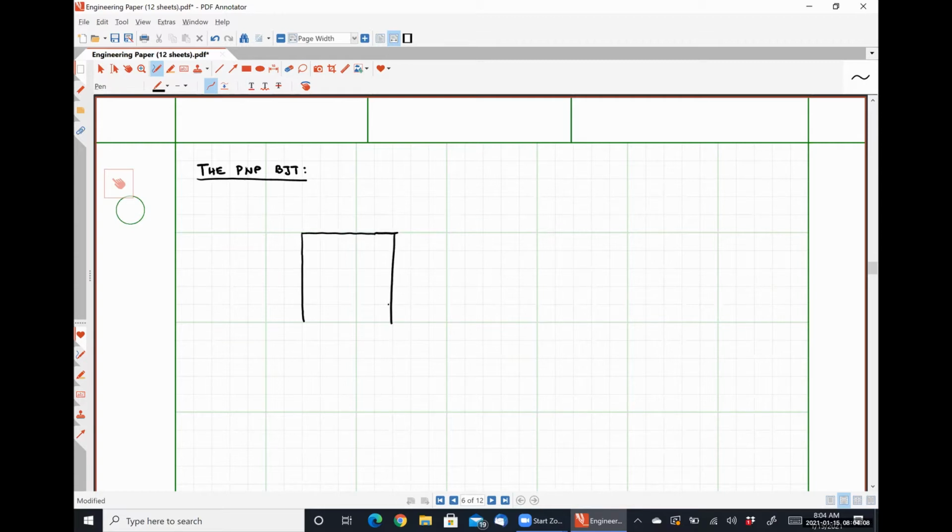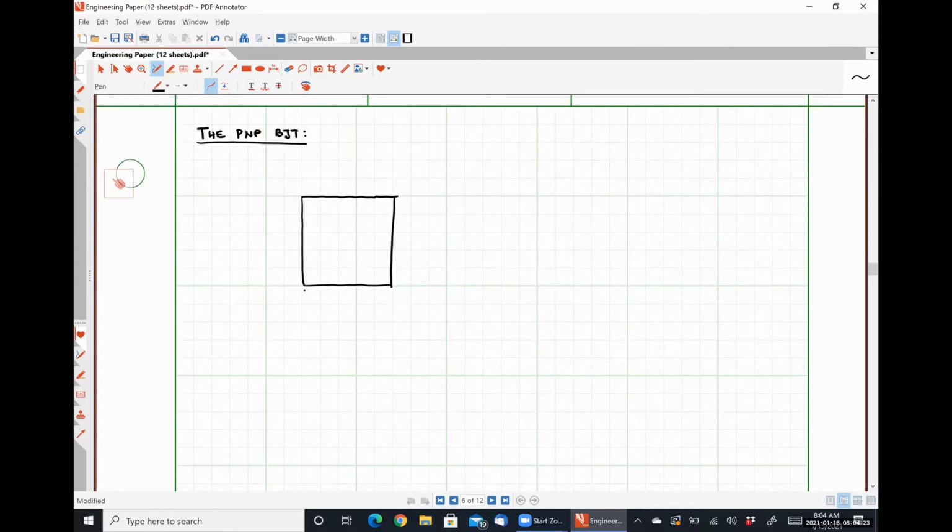Sorry, I don't know why this is not showing the right thing. All right, there we go. Sorry about that. We still have the sandwich structure as before.